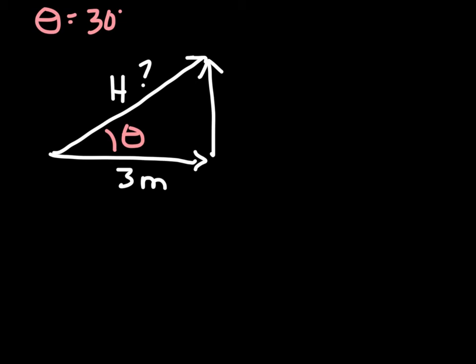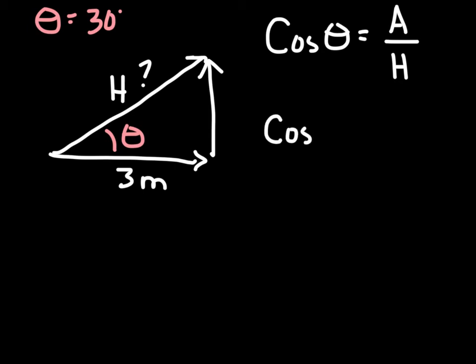I am standing in corner theta, 3 is adjacent, I am looking for my hypotenuse, adjacent and hypotenuse belong to the ka portion, so the cosine of angle theta is going to be equal to the adjacent side over the hypotenuse.